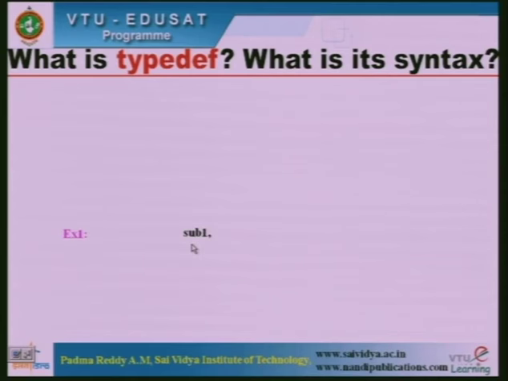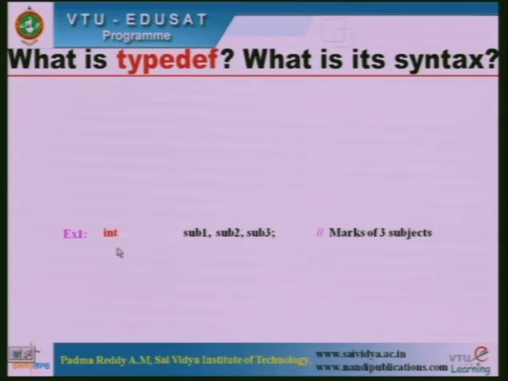For example, we have subject 1, subject 2, subject 3. How many variables are there? 3 variables are there, and I want to use those 3 variables to store marks of 3 subjects. So when I say marks, marks is of type integer. So let me define subject 1, subject 2 and subject 3 as integer.